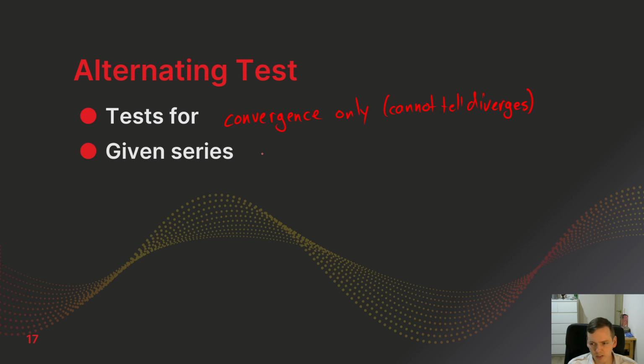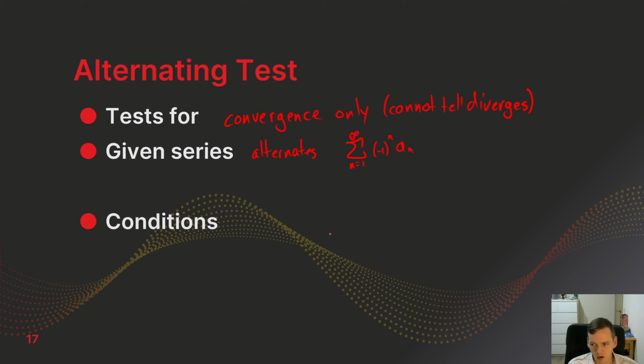So given an alternating series, the way we would write this is the sum from n equals 1 to infinity of -1 to the n, a sub n. You'll notice that this means every other term will be either -1 to an odd power, meaning it's negative, or -1 to an even power, meaning it's positive.